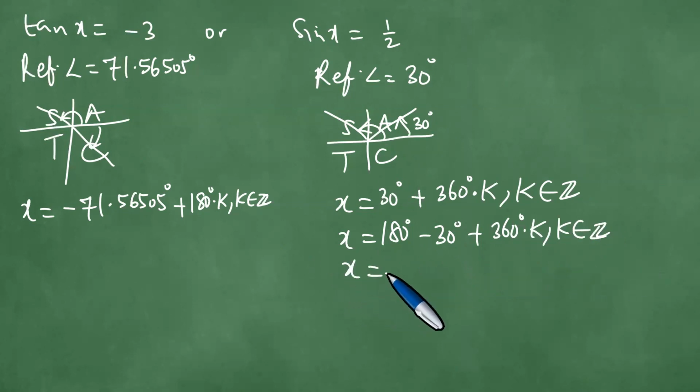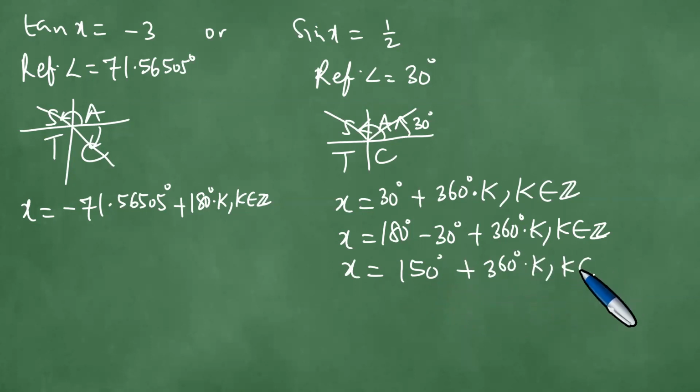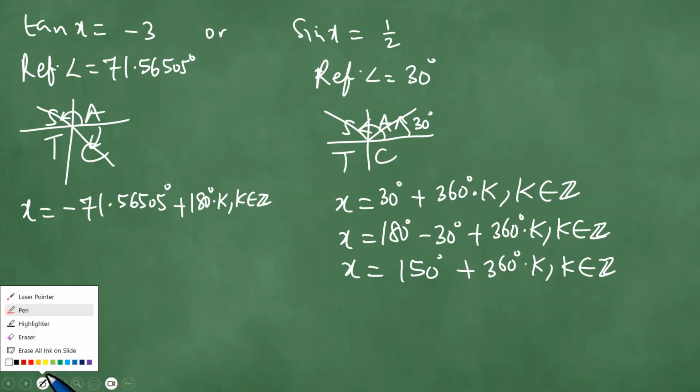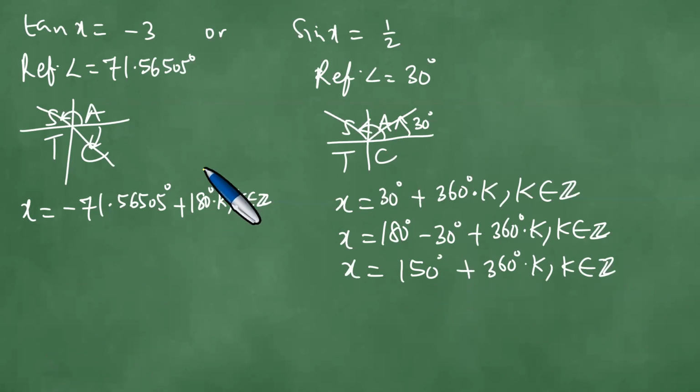Which means here we have 150 degrees, which is an angle in the second quadrant, plus 360 degrees times k, where k is an element of Z. So what are the solutions to these? The solutions are -71.56505 plus 180 degrees times k, and the other ones are these.